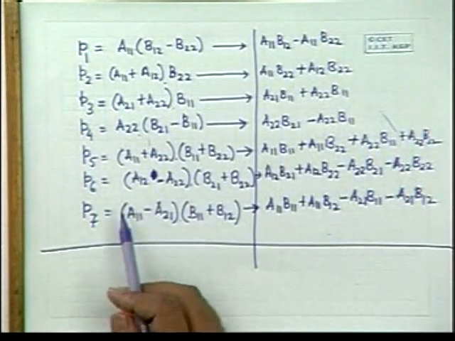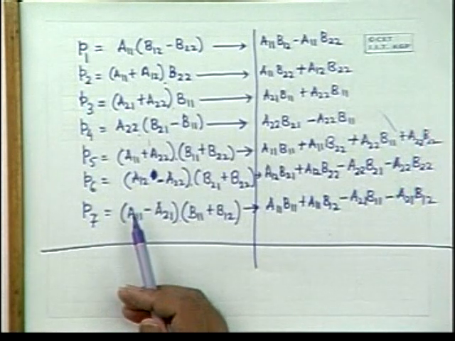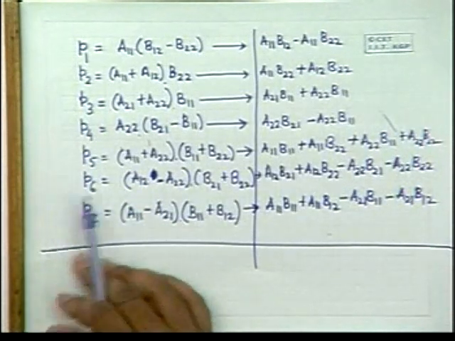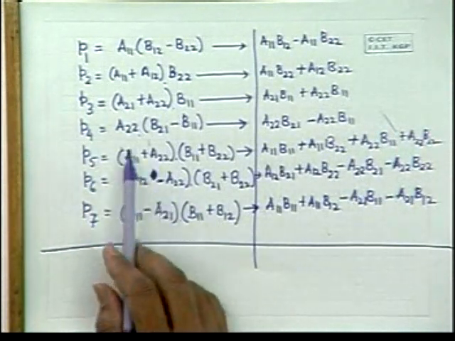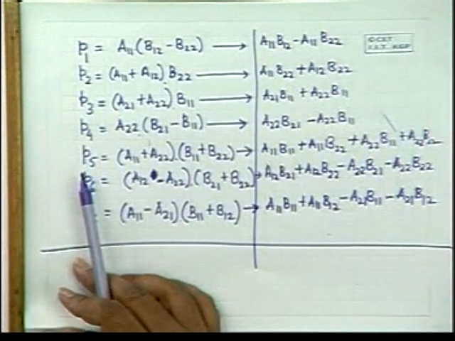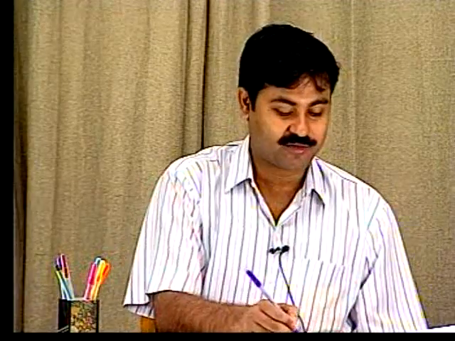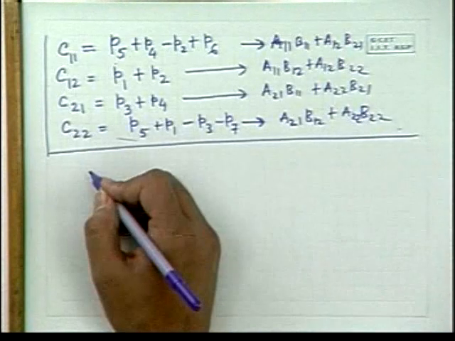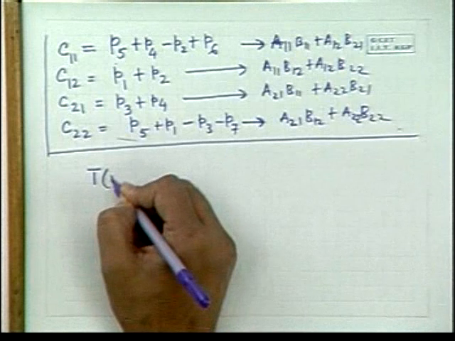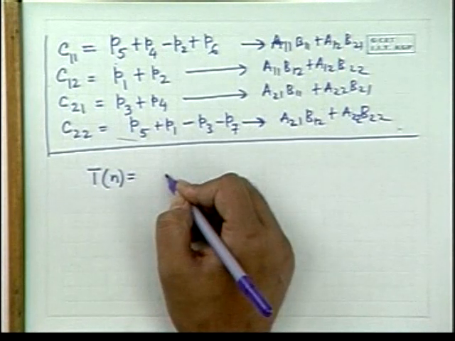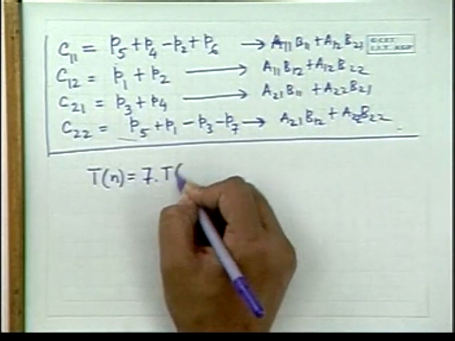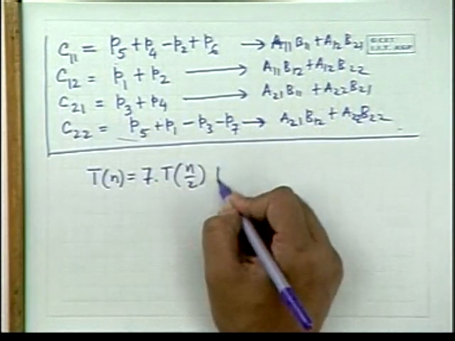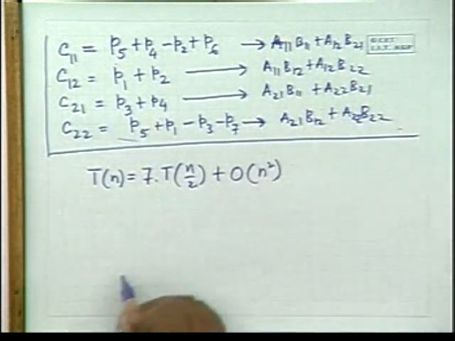We can afford order n square time. So we are using 7 matrix multiplications recursively, and of course there are some additions which are of the order of n square, and we are getting the entire matrix multiplication. So we can now write this recursive algorithm. The complexity I can write now: T(n) is equal to, can you tell me what this is? 7 times T(n over 2) plus order of n square.